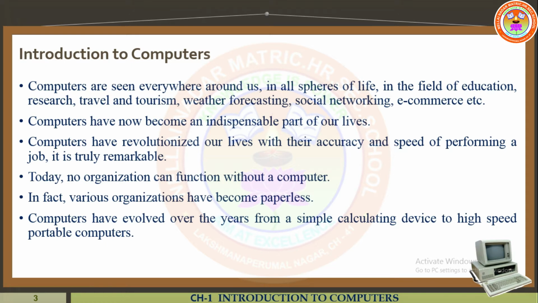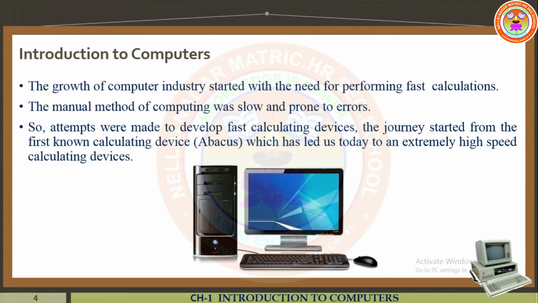Okay, we'll see what the information is. Apart from this information, the computer is a very important and needful machine, and it performs so many calculations in a very fast manner. The manual method of computing was slow and prone to errors. Yes, of course. Without a machine, if we do any calculation, it has some errors, and also the process of calculation is very slow.